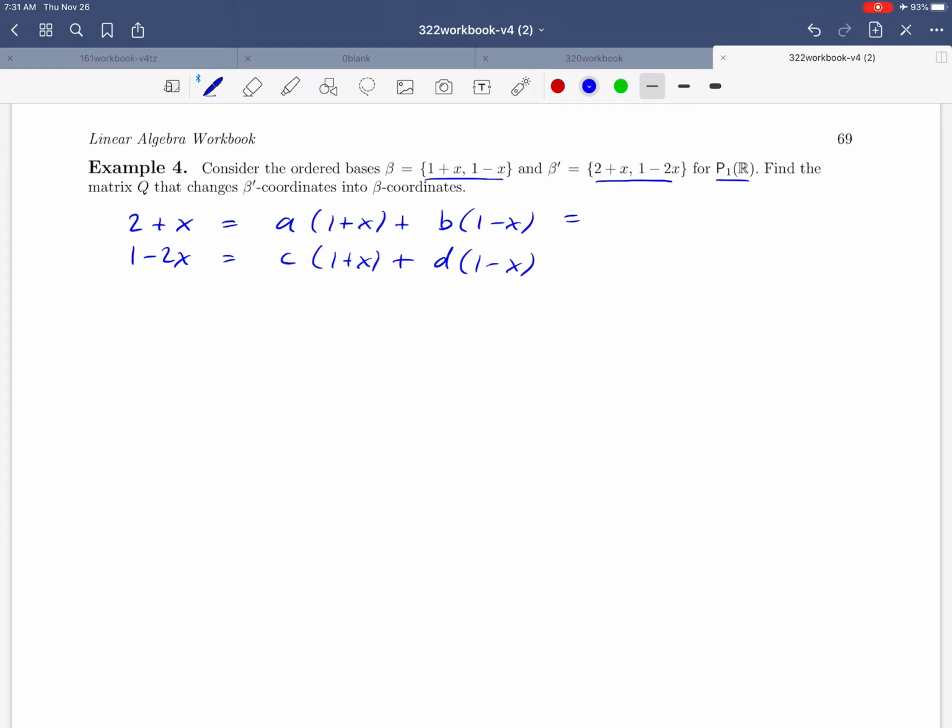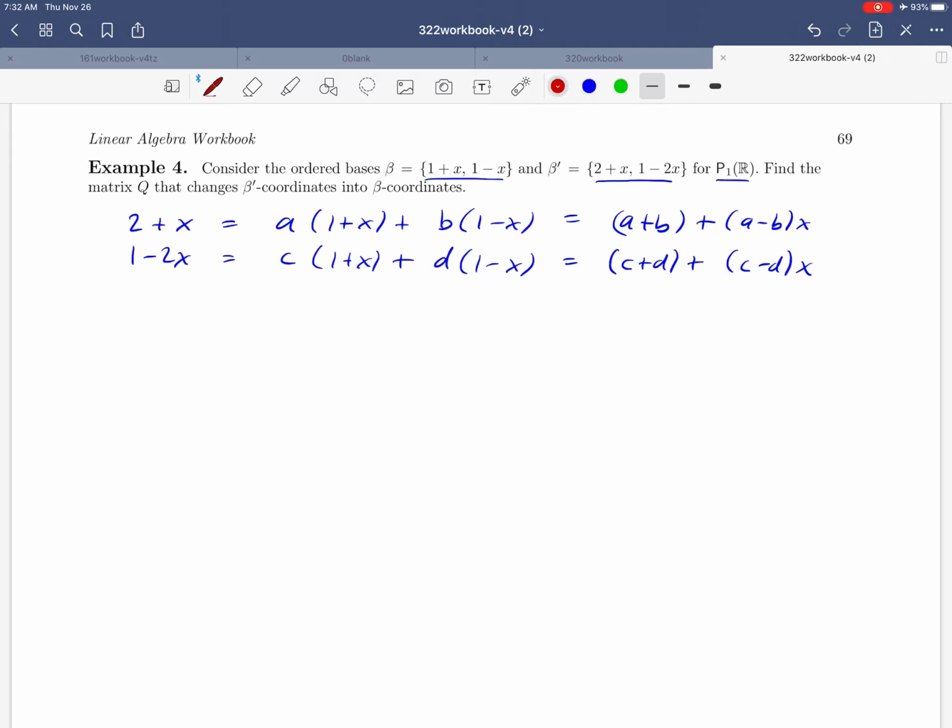To help us do that, we could simplify. Looking at the first equation, we could regroup that into (A + B) + (A - B)x, and then similarly down here, we can regroup that into (C + D) + (C - D)x.